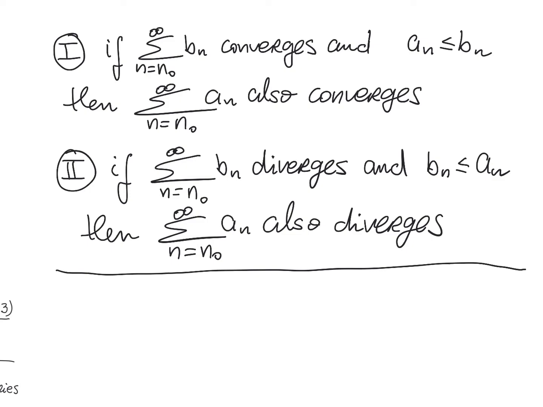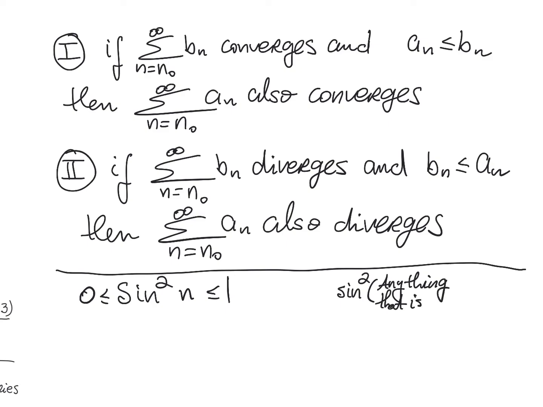So now we're going to review a basic identity, the inequality for the sine square. Sine square of anything is between 0 and 1. So one of our series has a sine squared of n, and here's the more generalized version of this: sine squared of anything that is defined.